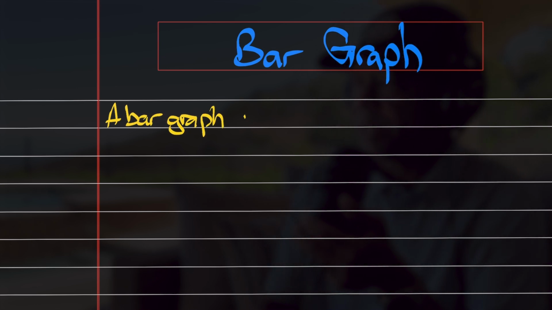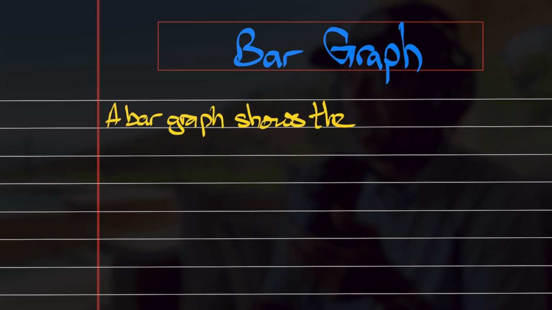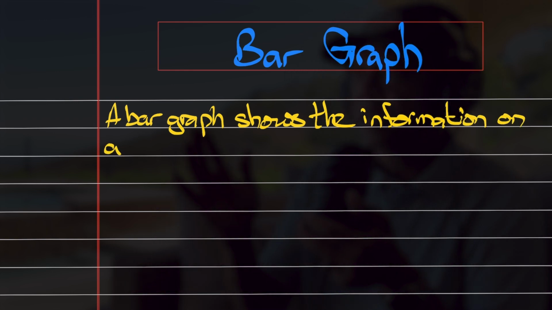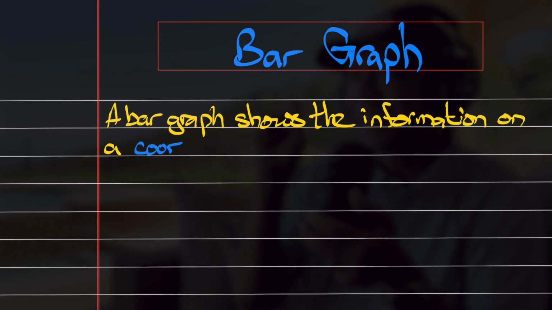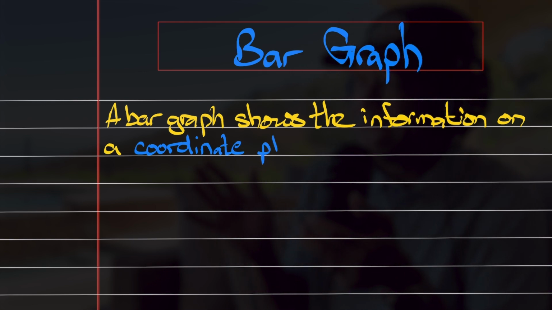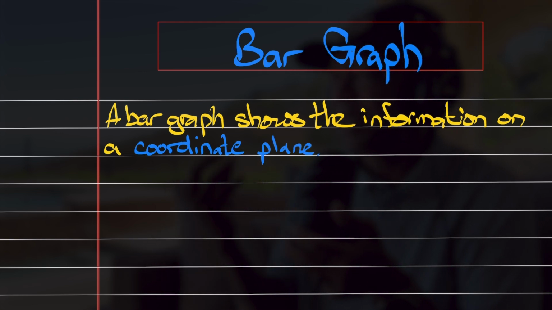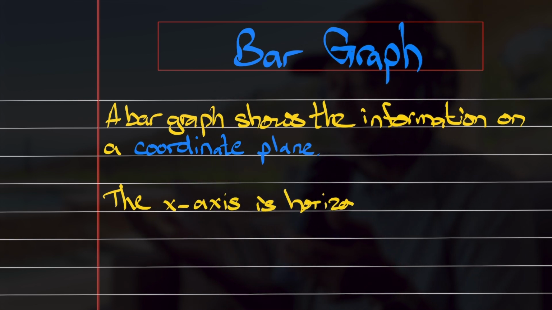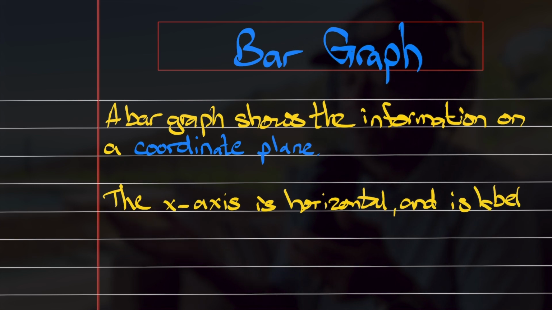So bar graphs are similar to line plots. However, I find bar graphs to be more sophisticated because there's a y-axis that is clearly numbered. So it makes it easier, I find, to just take a look at the bars and compare the heights along the y-axis to figure out how the different kids in this case compare.